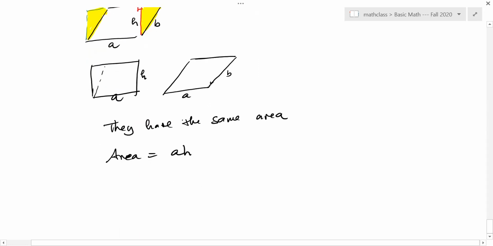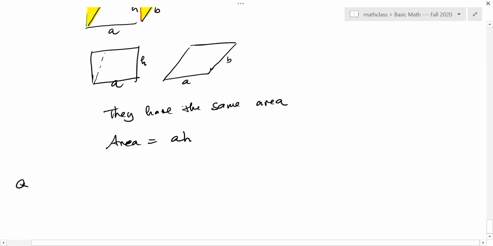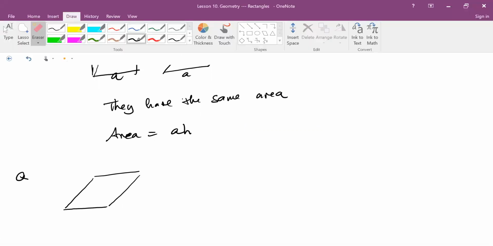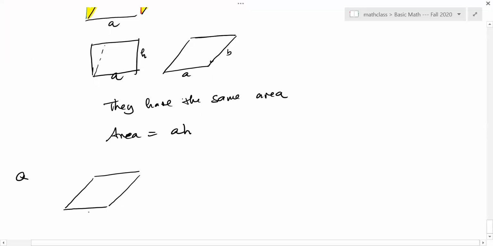All right, let's do this problem. Let's take a look at the problem here. We have a parallelogram in the following shape. If this side is 2, the other side is 2.